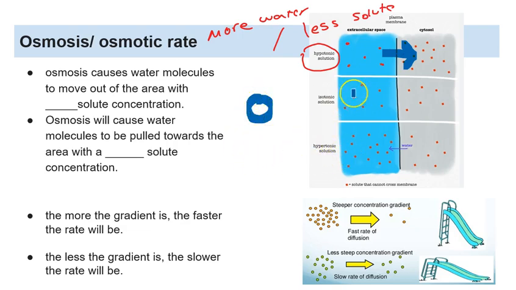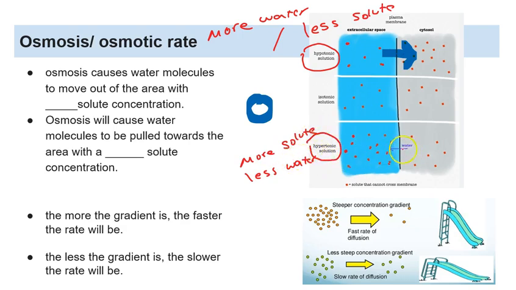And then we have the hypertonic solution. Here we have more solute in the extracellular space, which means less water in comparison with the inside of the cell. So literally our solution is a hypertonic solution.